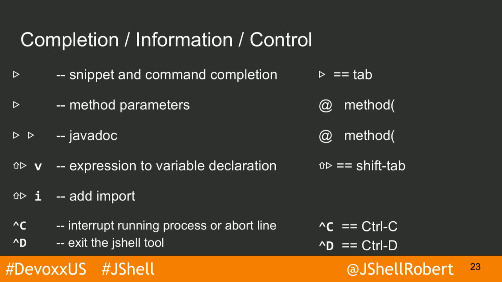It'll compute the type of the expression, use that, and put you in a place to enter the name of the variable. And if you're at the end of an identifier that needs to be imported, you can do Shift-Tab-I, and it will give you a menu of possible imports that match.